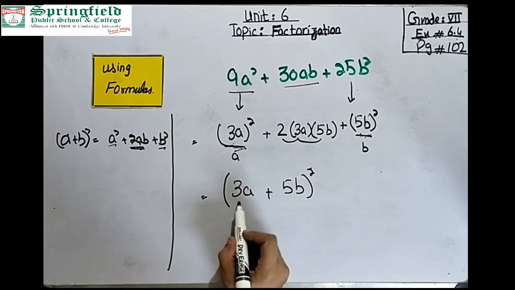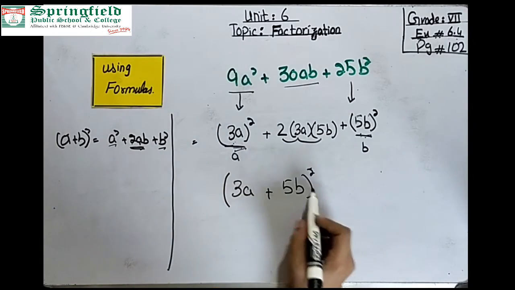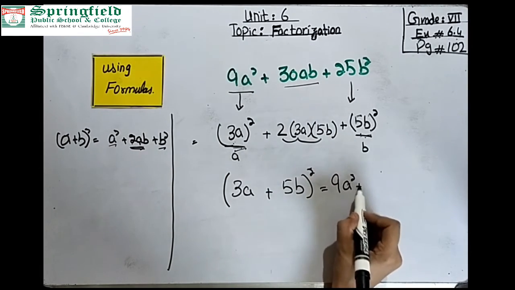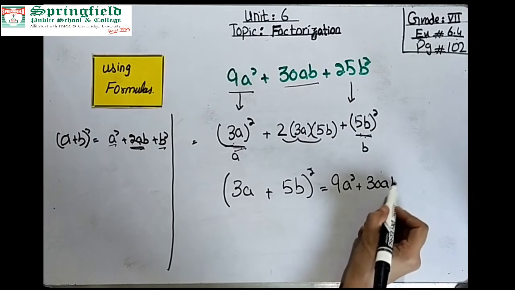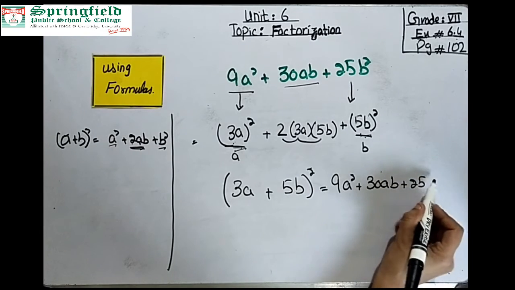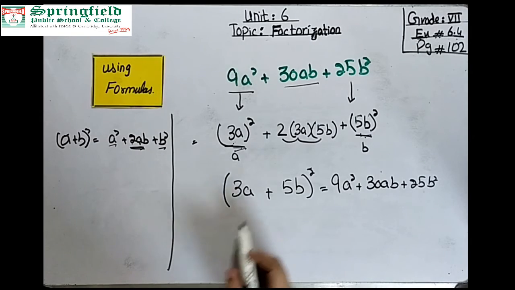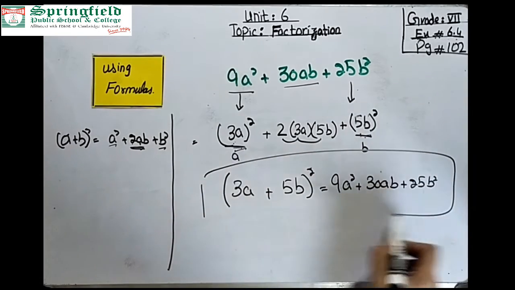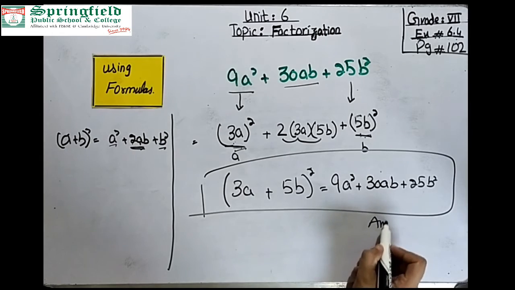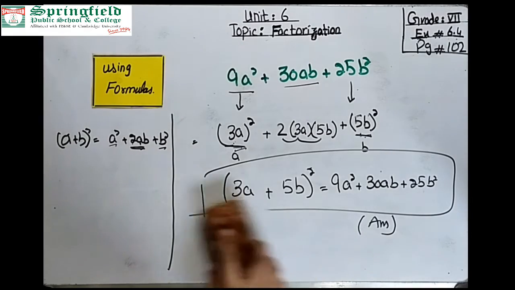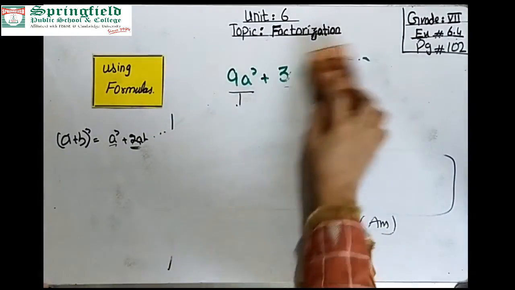It means (3a plus 5b) whole square is equal to 9a square plus 30ab plus 25b square. Fine. And this is your final answer. Understood, beta? Okay, now after the example, come to exercise question number 1.